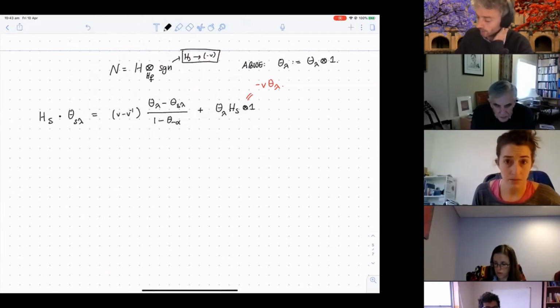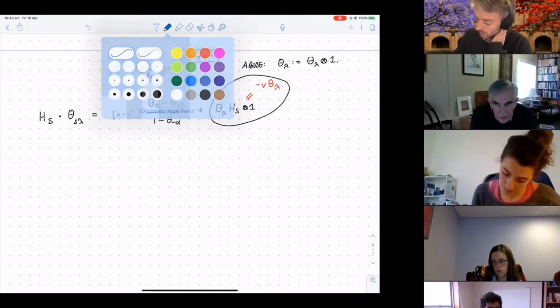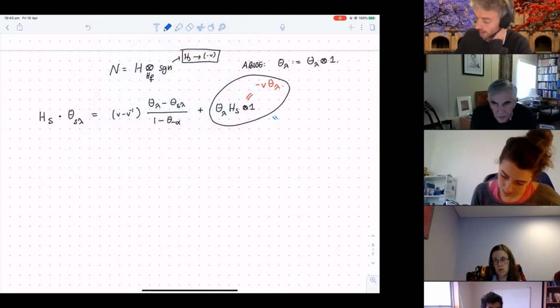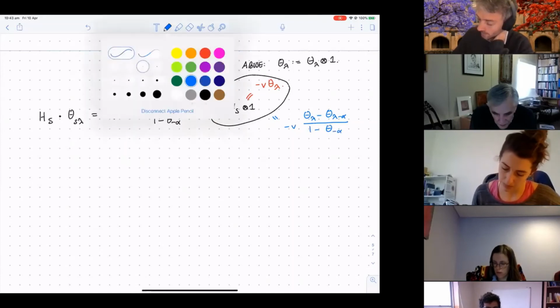So I can write this whole term as minus V times theta lambda minus theta lambda minus alpha, all over 1 minus theta minus alpha.